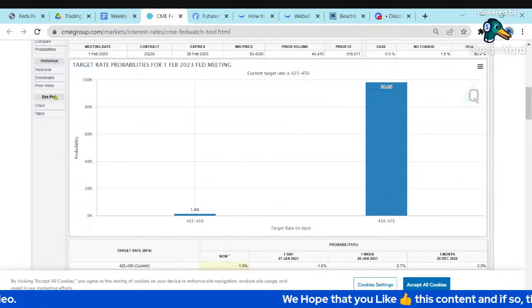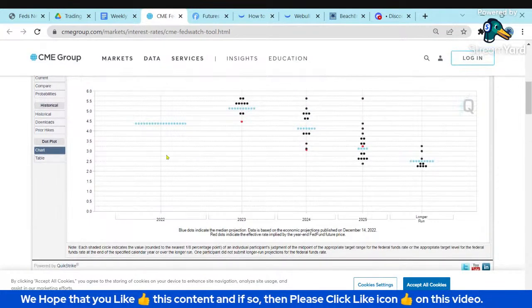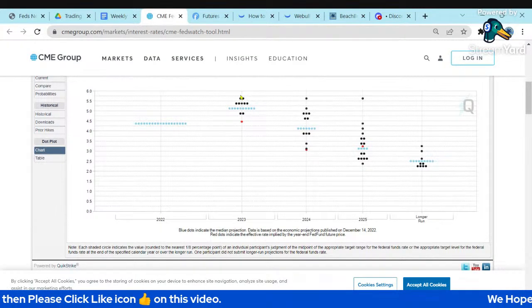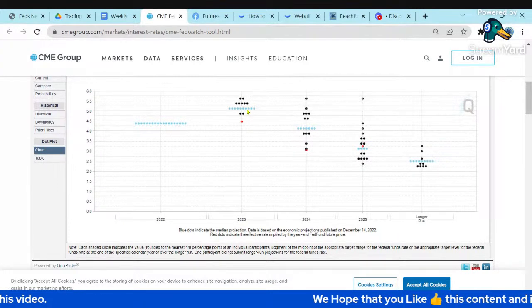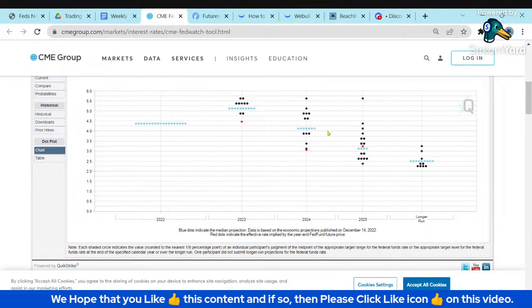Now, there's also a way to see the dot plot. That's the Fed's predictions as to where the rates are going in the future, which you'll hear CNBC, etc. talk about as the dot plot. You can see where the mean rate is. They're talking about a mean rate around 5.24, and the mean is kind of decreasing.